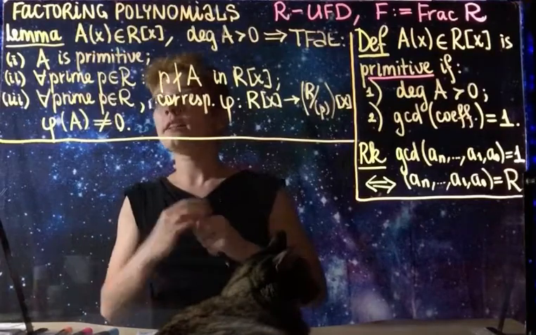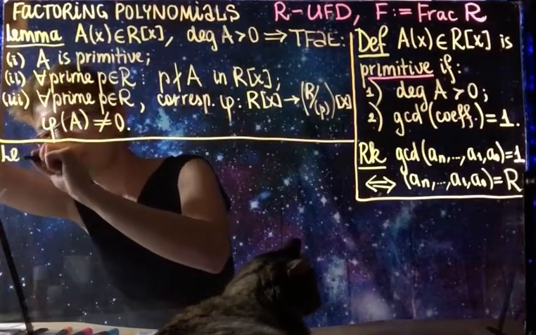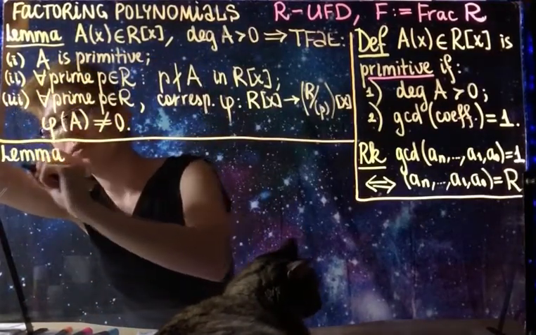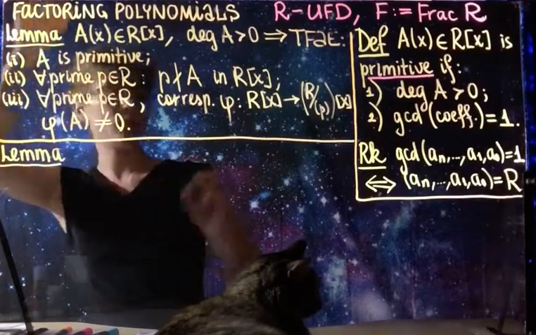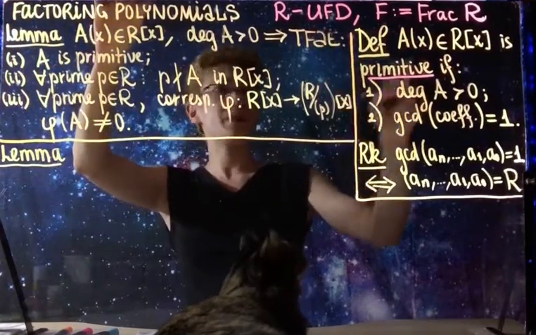Let me now state the lemma about prime elements of R considered as elements of the ring of polynomials.